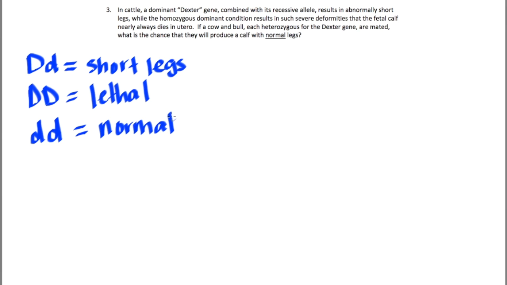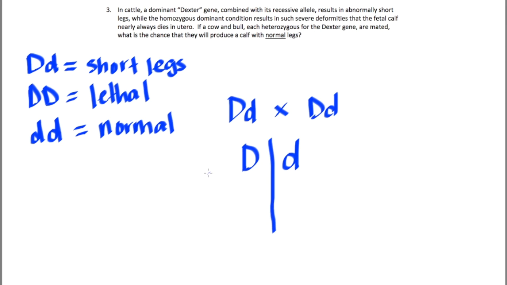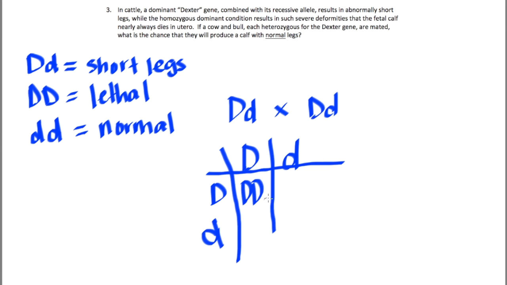Does everybody see that? All right, so we're going to do 2 with heterozygous. So heterozygous, remember, will be 2 different alleles. So we do our test cross. And the last one here.